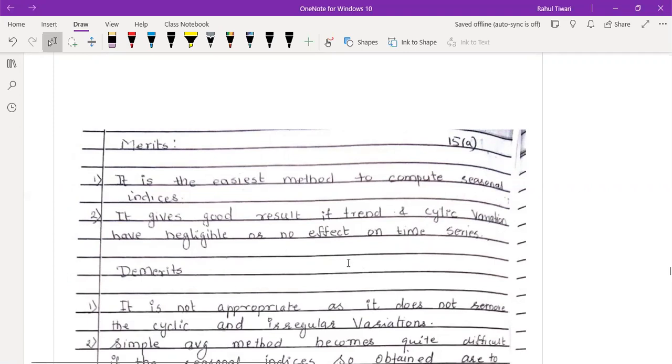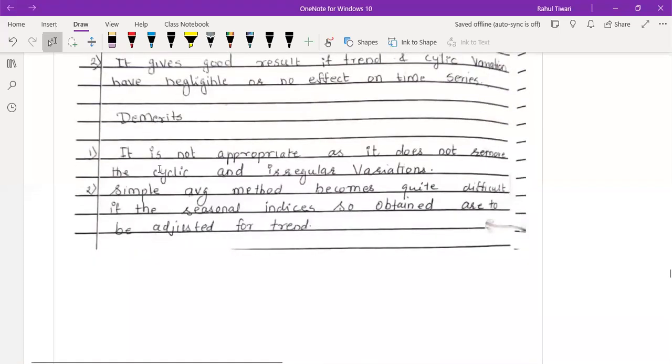As I mentioned, because we are interested in knowing about seasonal variation, it will give a good result only if the trend and cyclic variation are negligible. If you neglect that trend and cyclic variation, then automatically it will give us the seasonal variation.